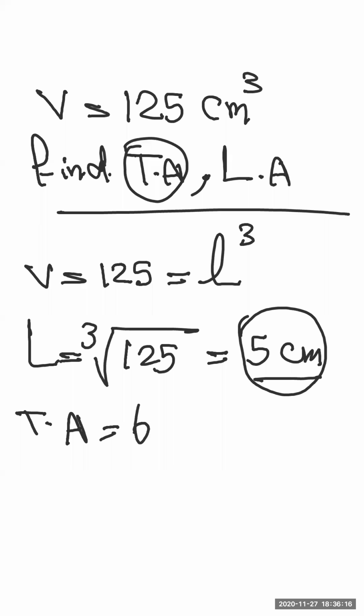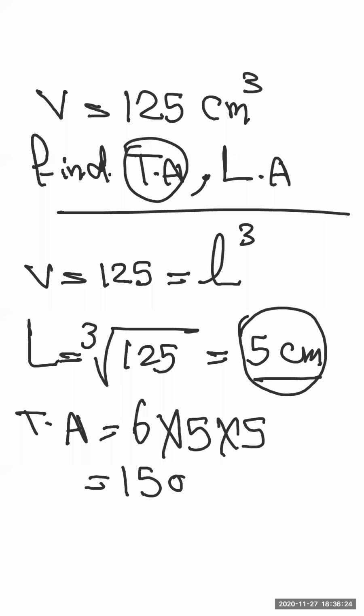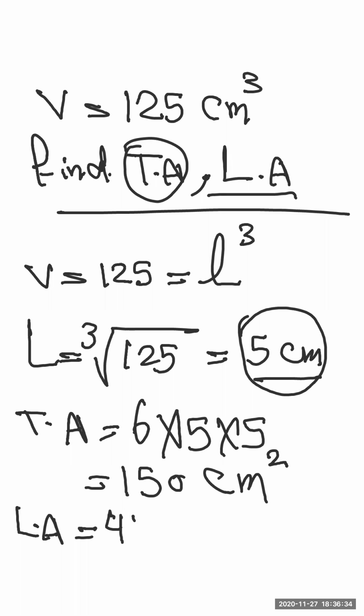So 6 times 5 times 5 will equal 150, and this one is area, so of course, squared centimeters. Lateral area will equal the area of 4 faces. So 4 times 5 times 5, so it will equal 100 squared centimeters.